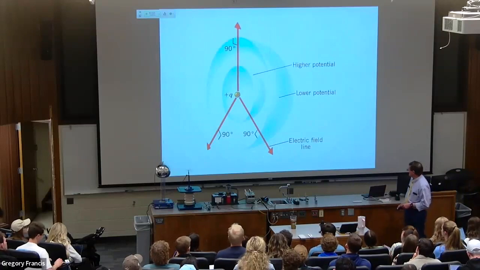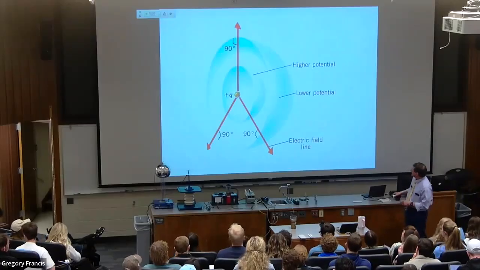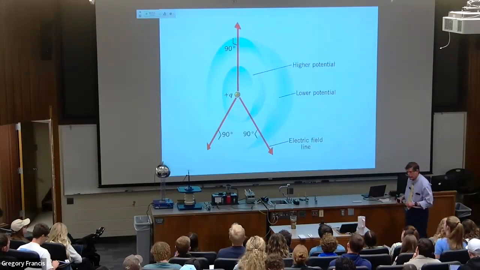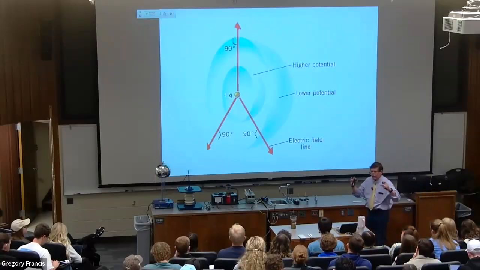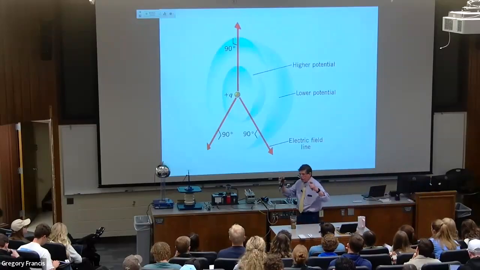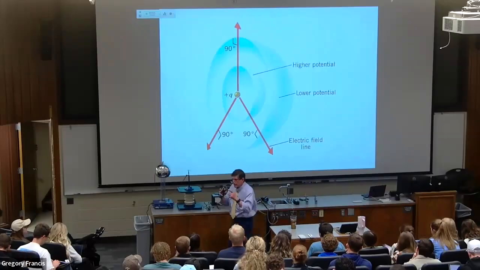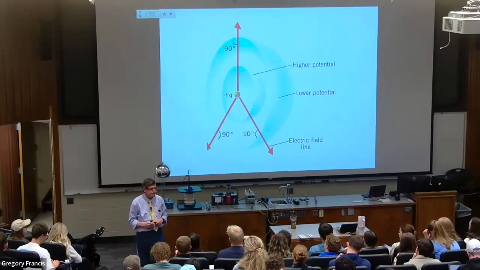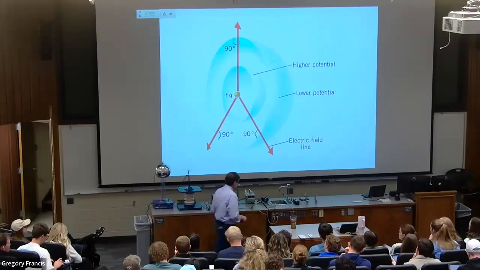That's not a field line, that's a vector. But the point I want to show you here is that my equipotential surfaces would be nested spheres, kind of like a Russian doll. And the higher voltage sphere would be closer to the positive charge. I hope you're all seeing that.